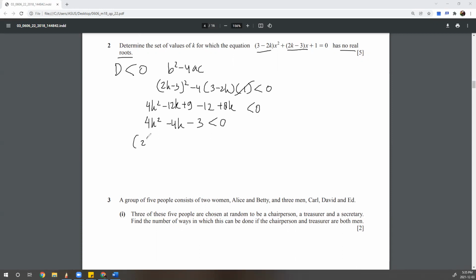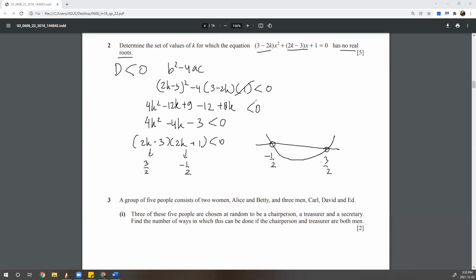Factorize. Okay, I think this is negative 3 and plus 1. That's right. So the zero maker is 3 over 2 and negative 1 over 2. Put in the number line, negative 1 over 2 and 3 over 2, and the k is positive, so it is smiling, right?